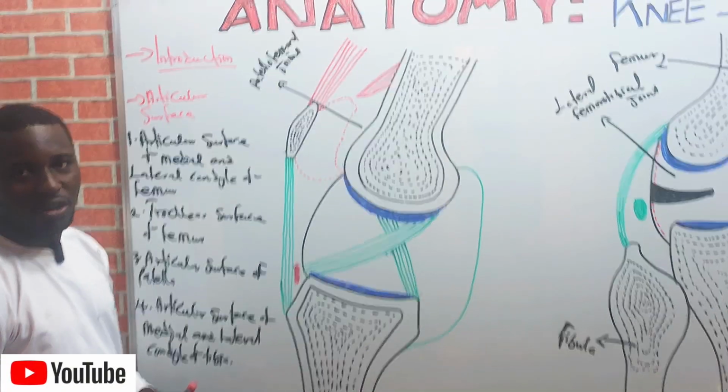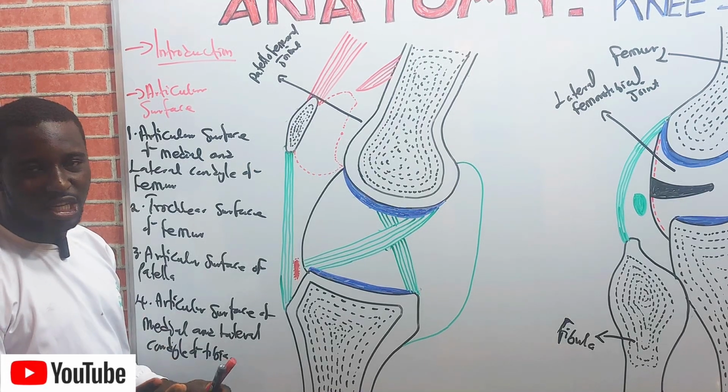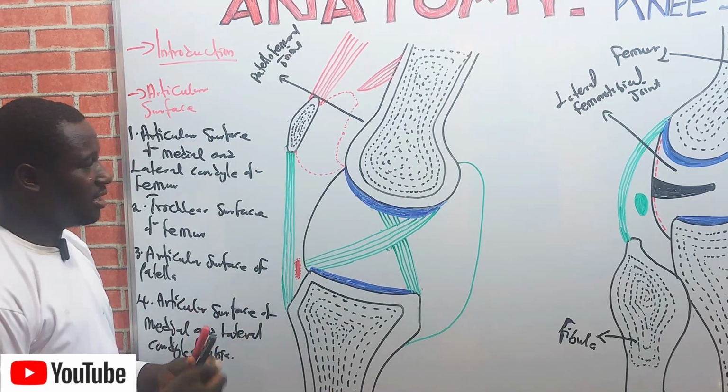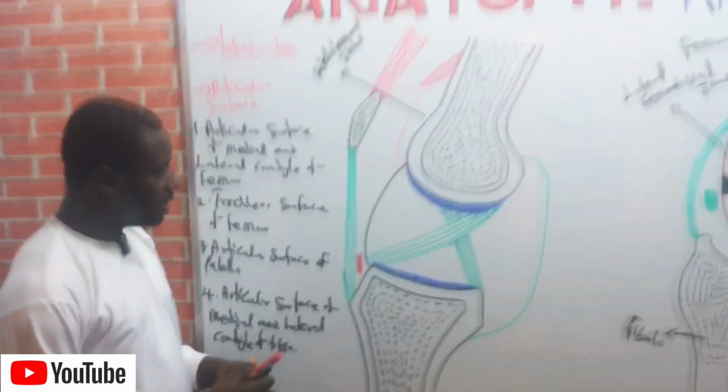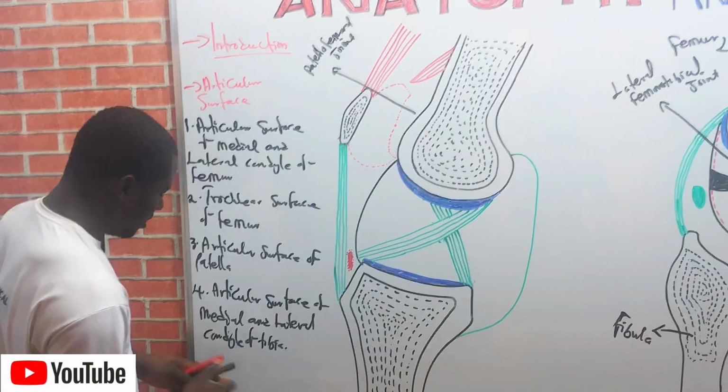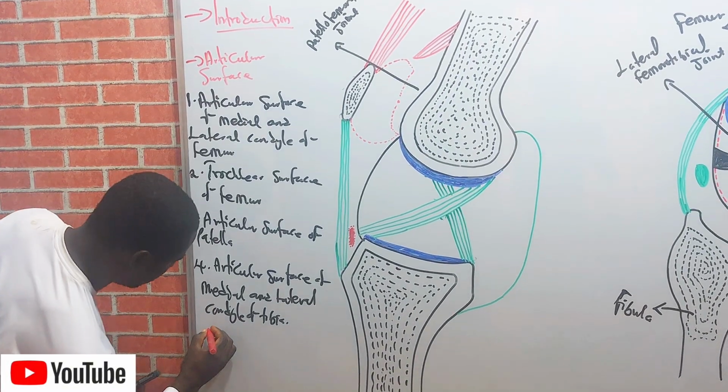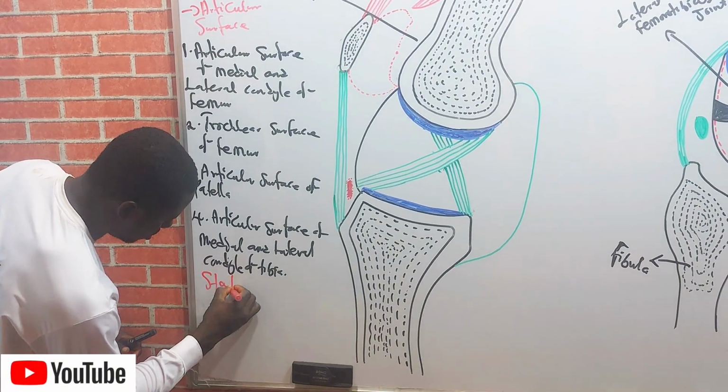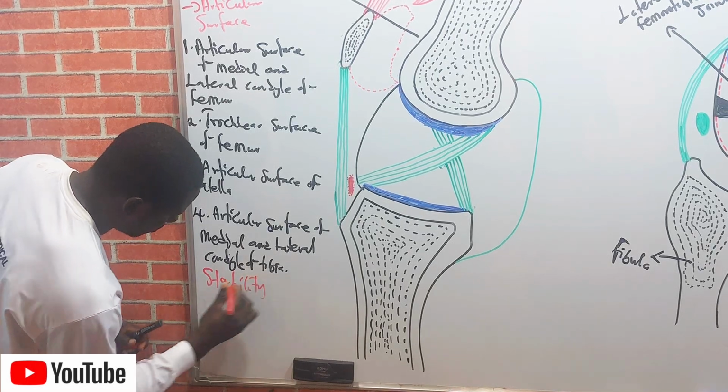The next we shall be looking at is the stability, because it is a joint. It must have a stability. Something must stabilize it.